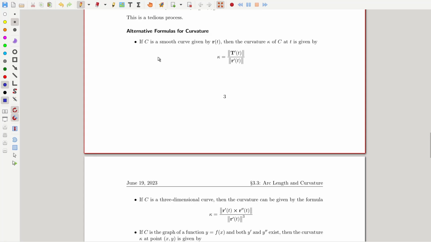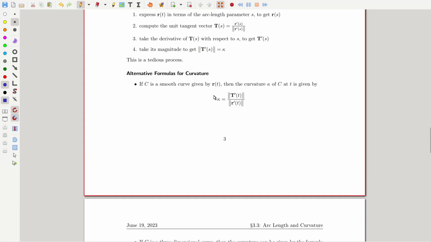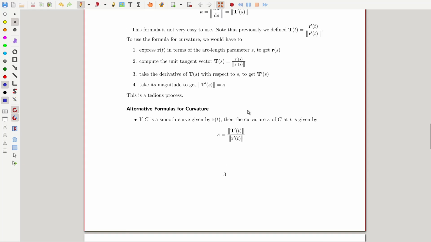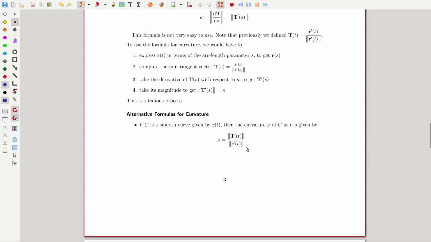So okay, first one we have here. Notice the difference. Instead of r prime and r prime, like in these expressions, we have a T prime and an r prime. But also conveniently, notice we don't have to reparameterize. We have t here.